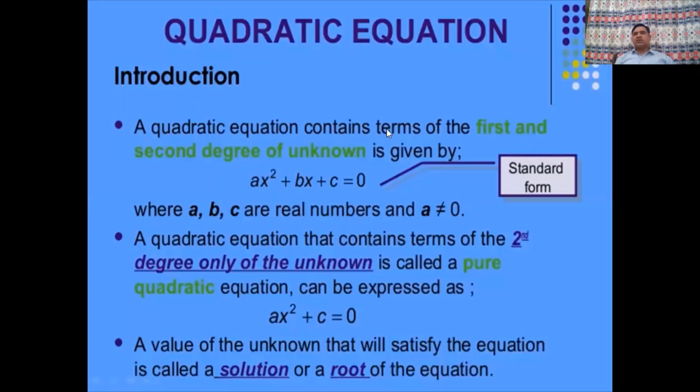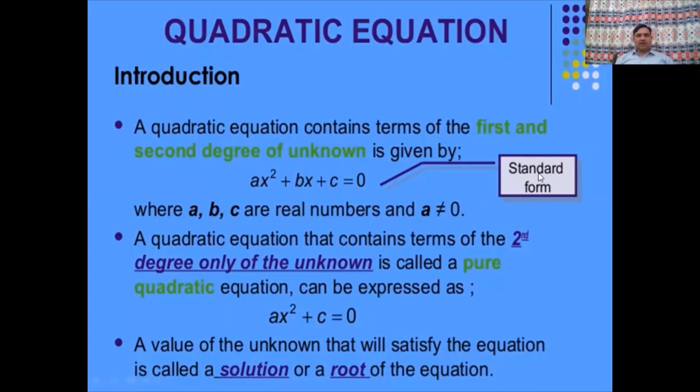A quadratic equation contains terms of first and second degree of the unknown, given as ax square plus bx plus c. So this term is of second degree and bx is of first degree. This form of the quadratic equation is the standard form or general form.